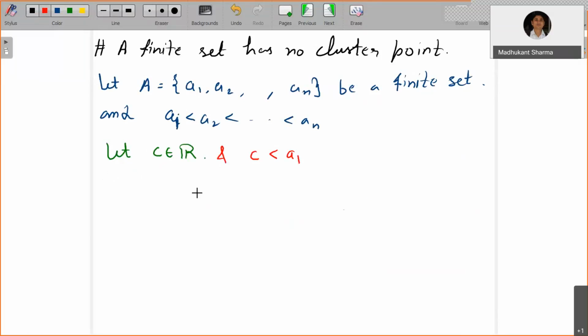Then we need to identify a neighborhood of C which does not contain any element of the set A.